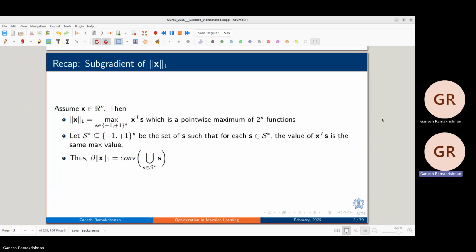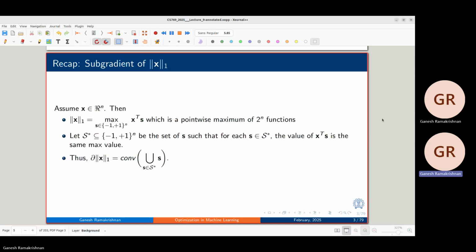This is the convex hull of all the s such that s is in S star, where S star is the set of vectors in minus 1, plus 1 raised to n such that the one norm of x equals s transpose x.